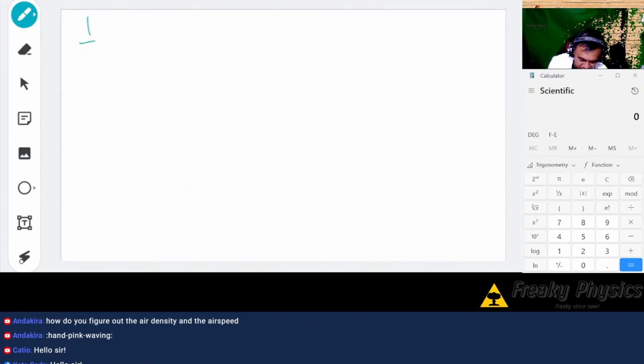Remember that kinetic energy, this would be of the wind, is equal to 1/2 m of the wind times v squared of the wind. I'll just keep that wind like that.